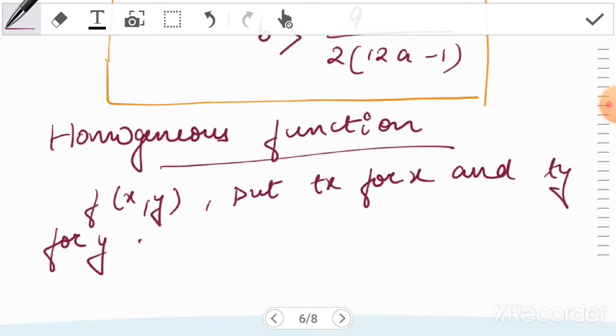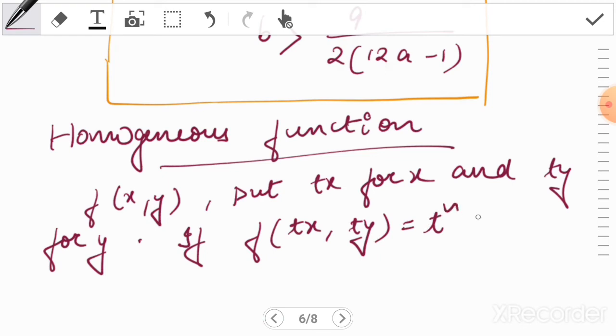If you get f(tx, ty) equal to t to the power n times f(x,y), then the function is homogeneous.